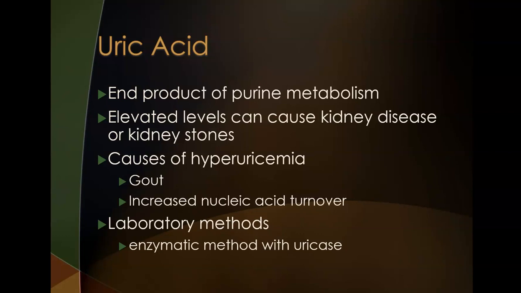So the causes of hyperuricemia are gout and increased nucleic acid turnover, so increased cell turnover. That usually indicates there's a lot of cell damage going on. Or it could be a leukemia, or you're getting chemotherapy for leukemia, or chemotherapy that's destroying a bunch of cells. And anyway, if there's a lot of DNA, RNA turnover, you're going to have high uric acid.